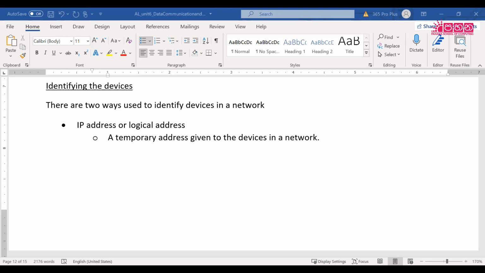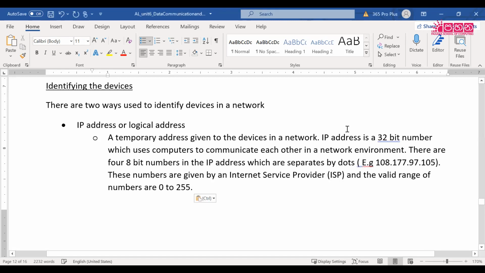So let's note down: the IP address is a temporary address given to the devices in a network. The IP address is 32 bits, because one number is 8 bits, so there are four 8-bit numbers separated by dots.